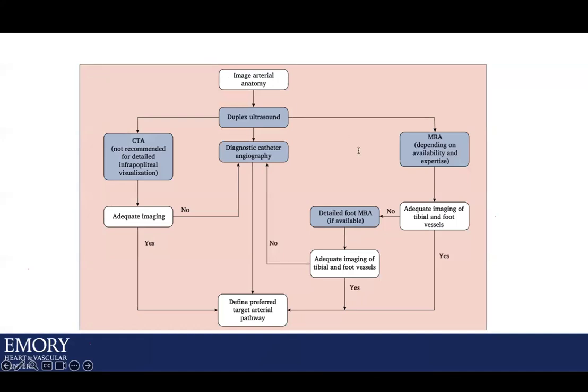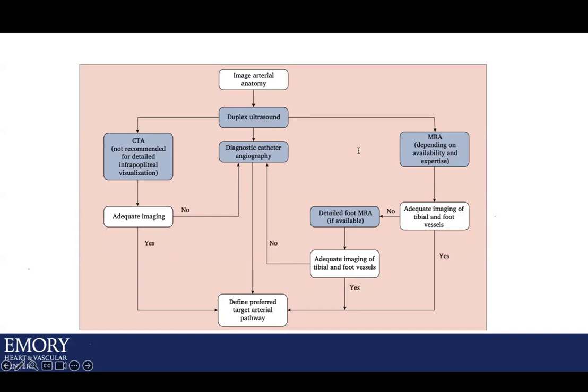So when you think someone has CLTI, the first thing to do is duplex ultrasound to identify where the disease is. The next step is to do some type of imaging, MRI or CTA, to know how bad the disease is and also to help you plan for the procedure.